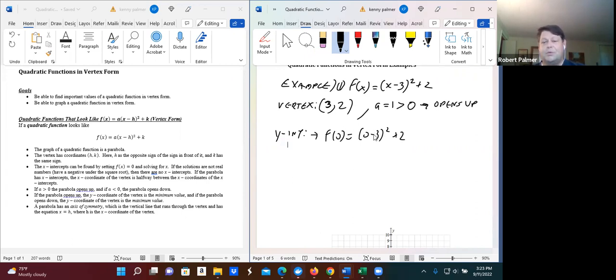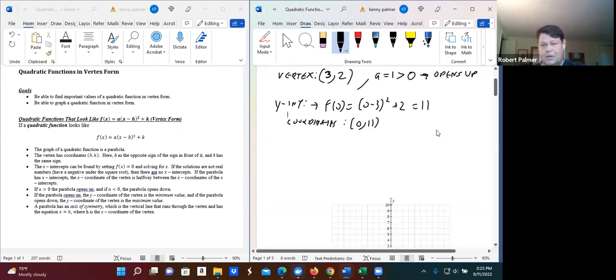If you square that, it's negative 3 squared, which is 9, plus 2, which equals 11. And so the coordinates of your y-intercept are going to be (0, 11). Now let's think about our x-intercept or intercepts.